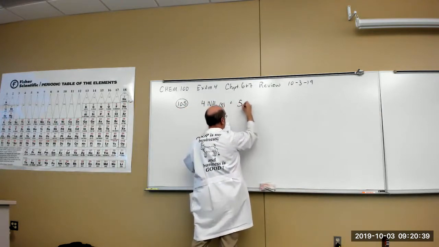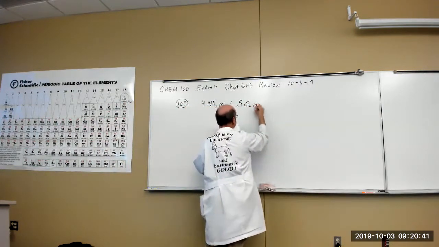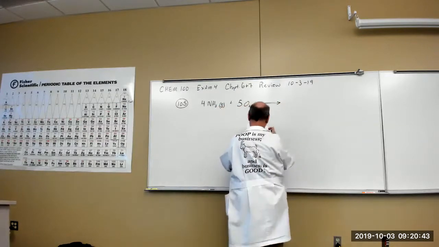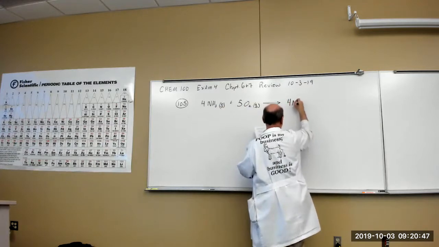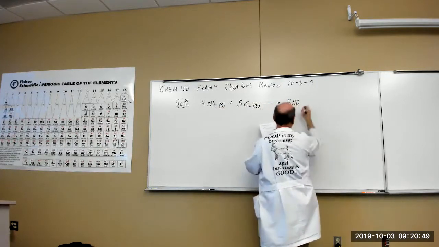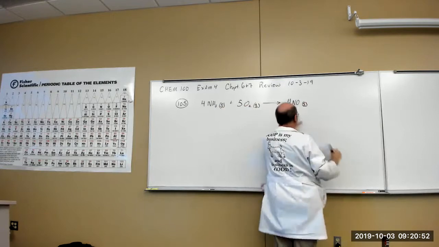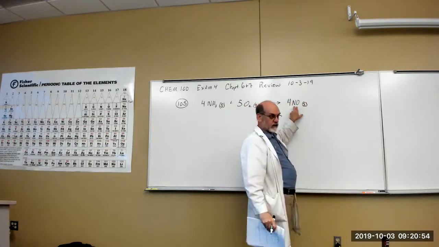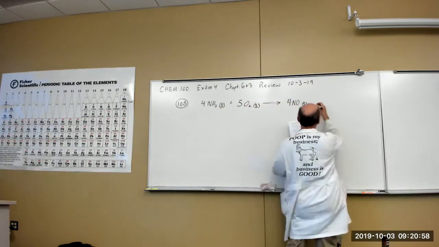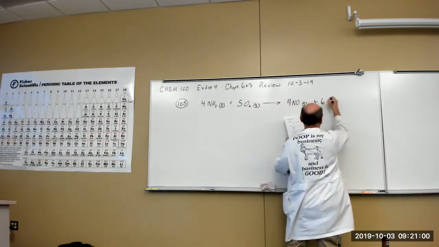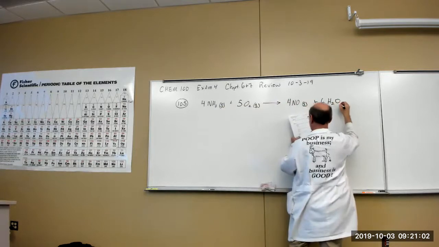We got oxygen gas. Produces nitrogen monoxide. Okay. Both nonmetals, so we just say how many there are. Nitrogen monoxide. And dihydrogen oxide.